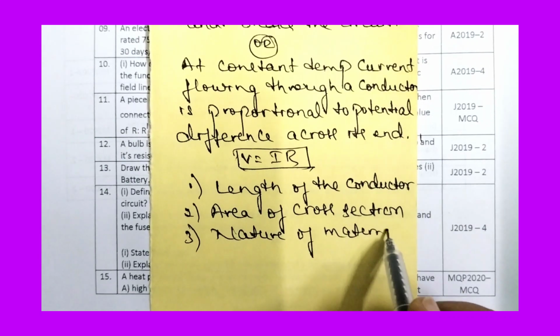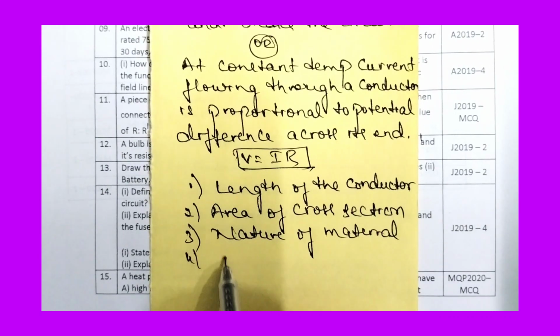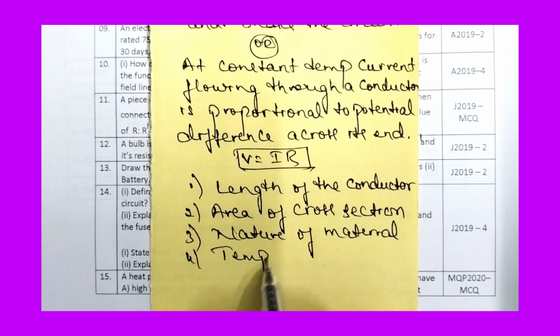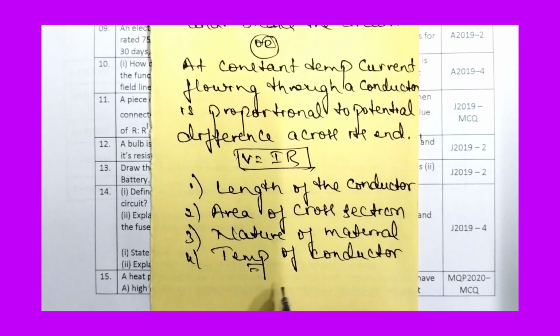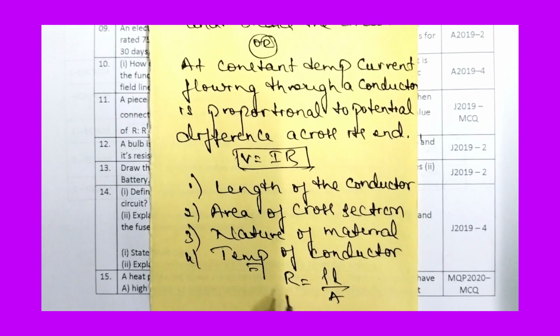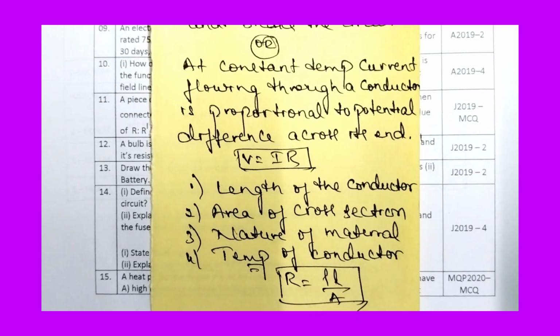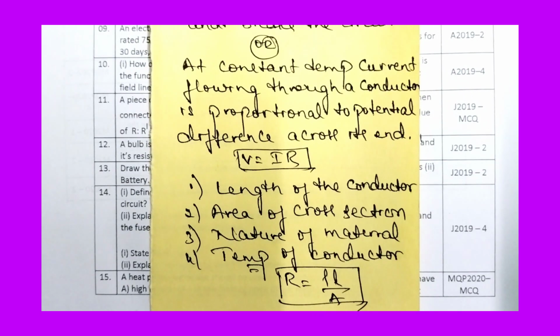It depends upon the temperature of the conductor. So R is equal to rho L divided by A. So like this we have to answer this question.